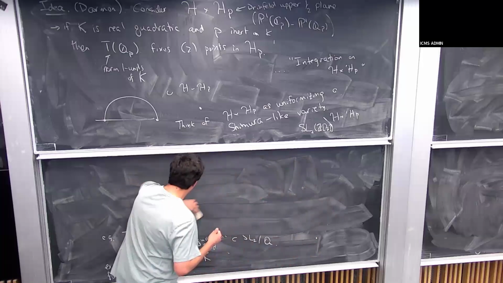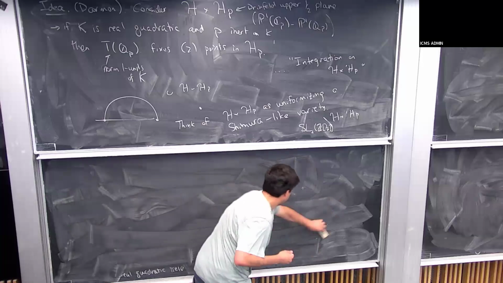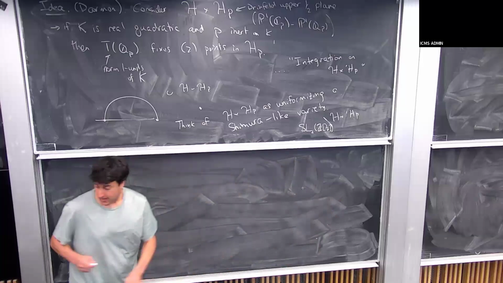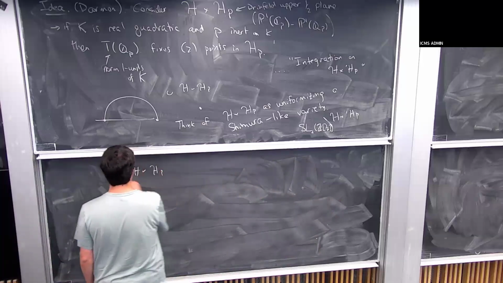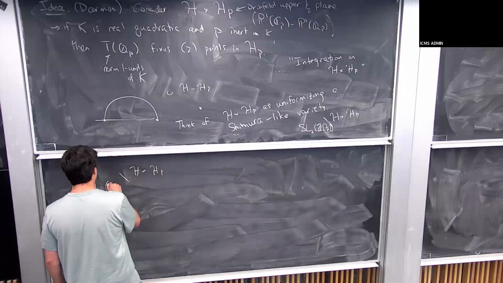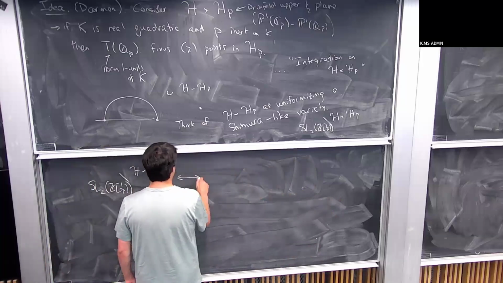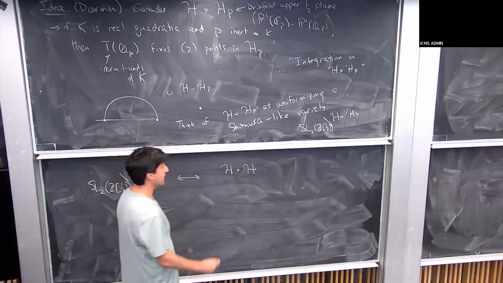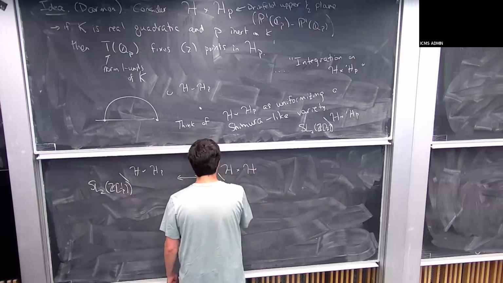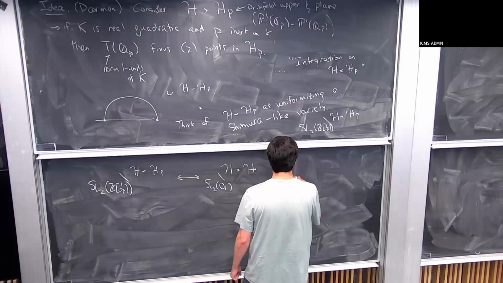There's an analogy between H cross HP modulo SL2 Z[1/p], which you should think of as being analogous in many ways to a Hilbert modular surface. You take H cross H modulo SL2 of O_F, where F is a real quadratic field.